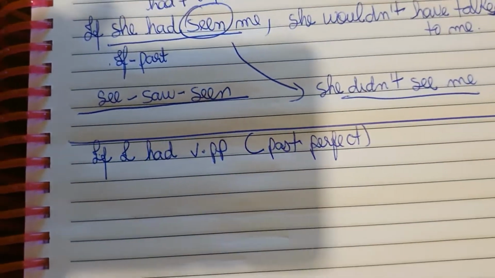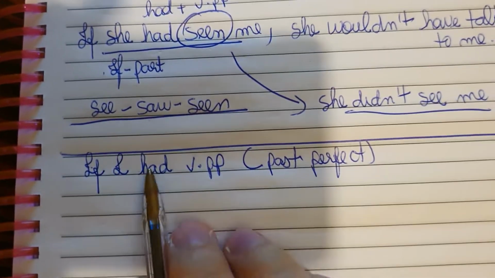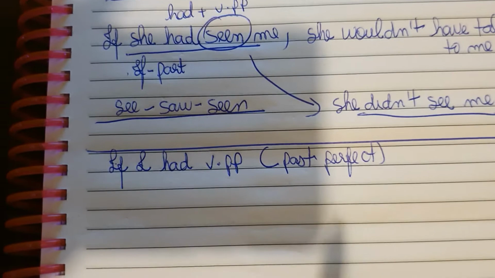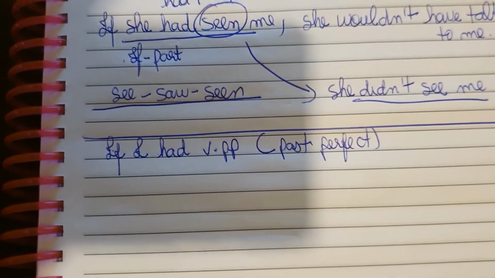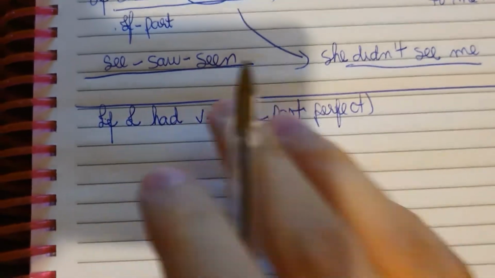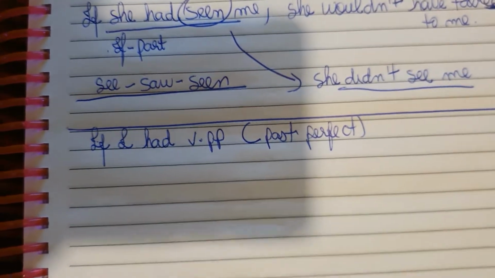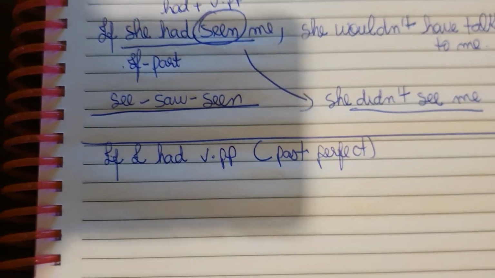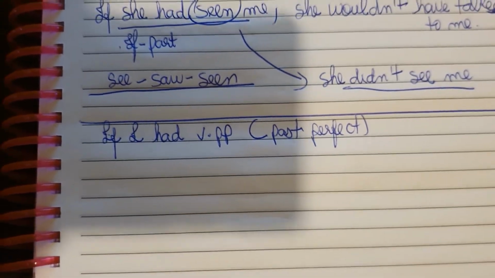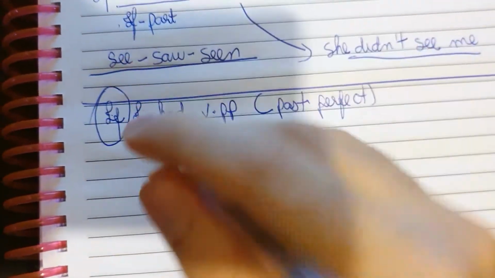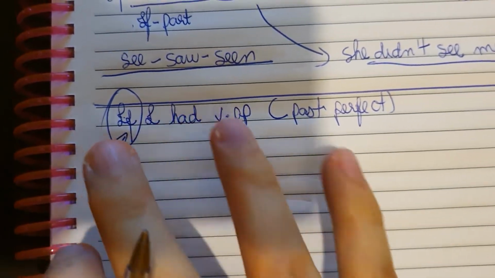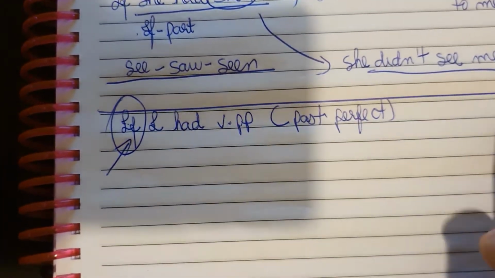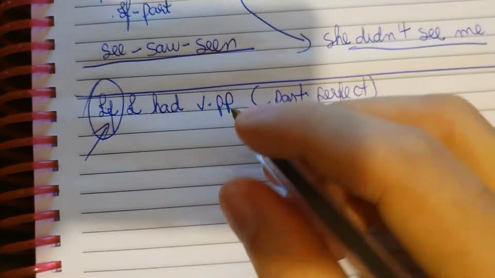And now we will see the difference between this structure and the simple past in the if clause, in conditional sentences. We have conditional sentences because it's what involves if, when we have the if part of the sentence and another sentence. Okay, so let's get going.